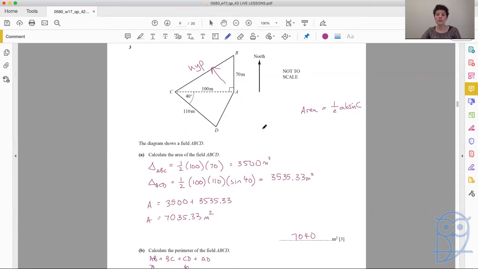Cos rule: c squared equals a squared plus b squared minus 2ab cos C. So who lines up with a, b, and c in this question? This here is a, this here is b, which makes this one big C, little c, and there is sine C. So it does work. We can use our cos rule for this triangle to get this length of AD. Don't even need to rearrange.